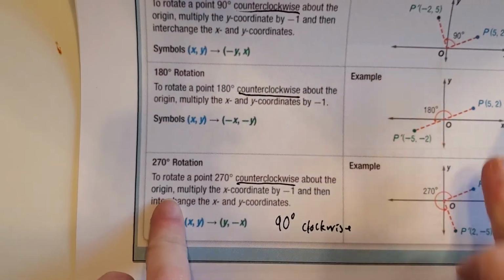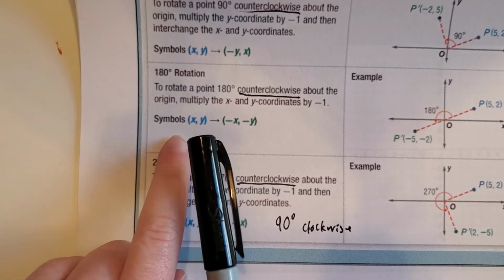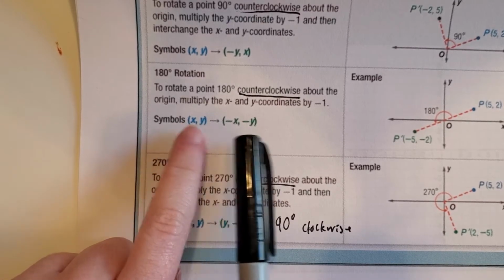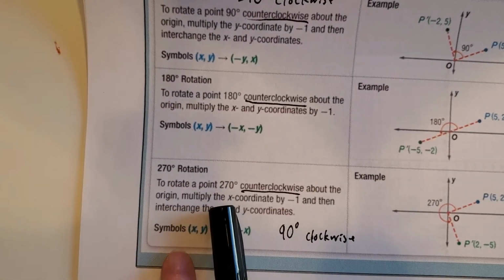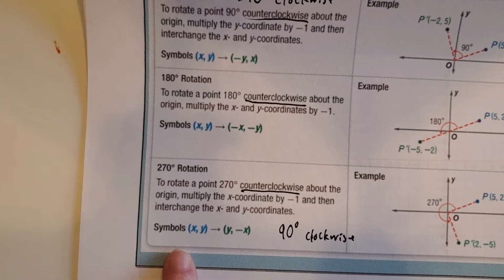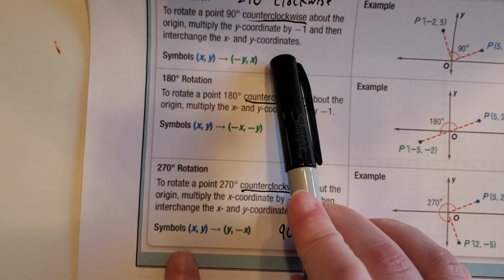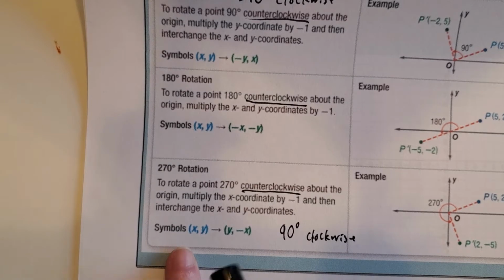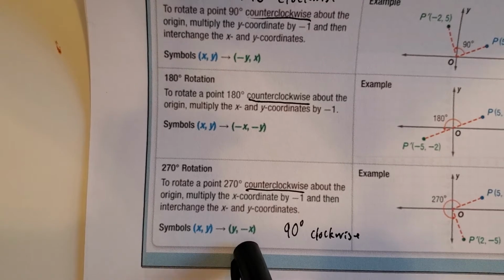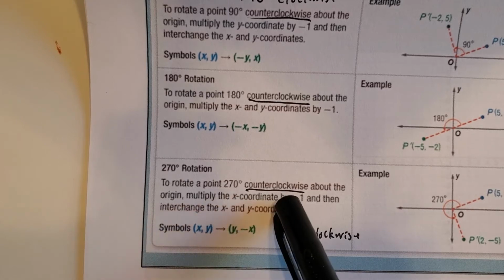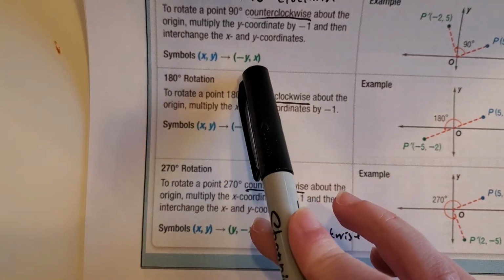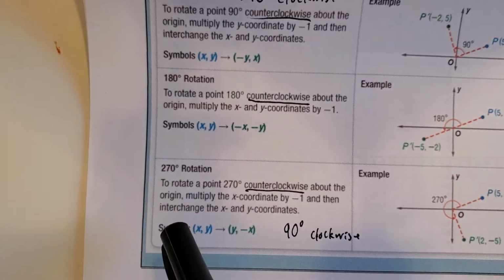For 180 degrees, you keep the exact order and just make both signs negative. For 270 counterclockwise or 90 degrees clockwise, you do the opposite: you still switch the places of the y and the x, but you make your original x value negative. So y comma negative x for 270 counterclockwise, negative y comma x for 90 counterclockwise, and negative x, negative y for 180.